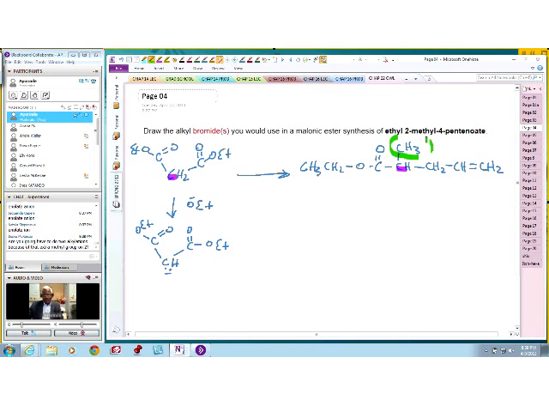This will be a source of alkylating agent. And then this here will be the source of another alkylating agent. So those are the 2 alkyl groups that you will need. And that is the question they are asking here. Okay, but let us go ahead and give the process.